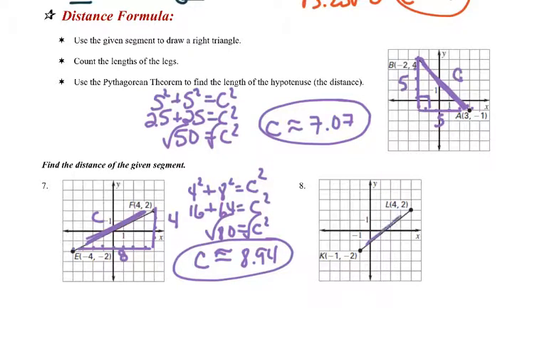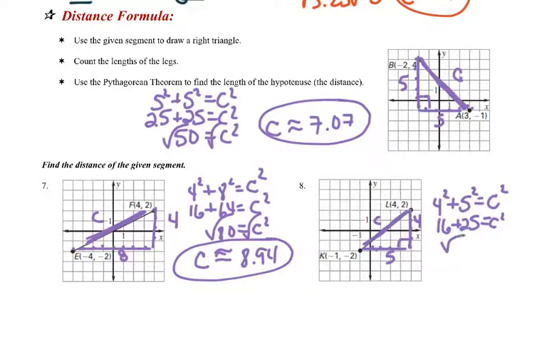Last one. Here's again my hypotenuse c that I want to find. I can carefully draw a right triangle, count the sides. This is 4. 1, 2, 3, 4, 5. So it's going to be 4 squared plus 5 squared equals c squared. Right?